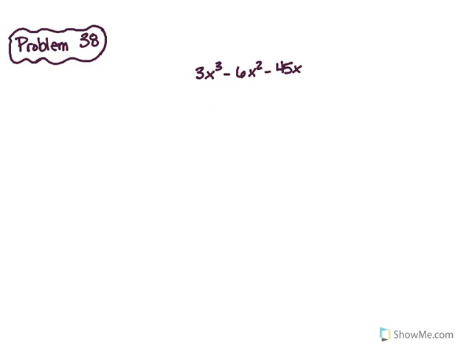We can also, before I write this down, we have to take an x out of each of these. Each of these terms has an x in it, so we're going to go ahead and just take the x out.